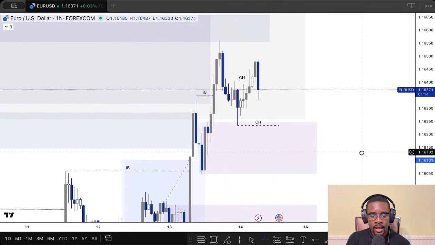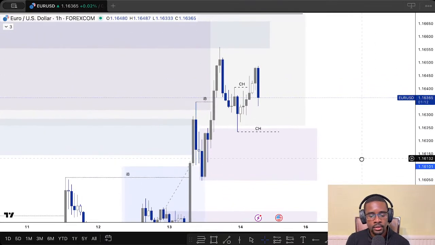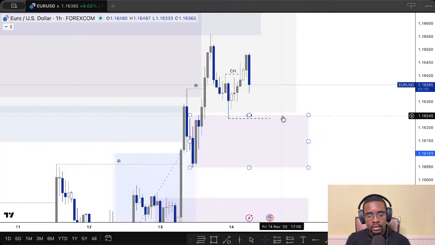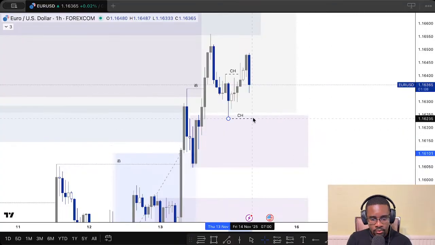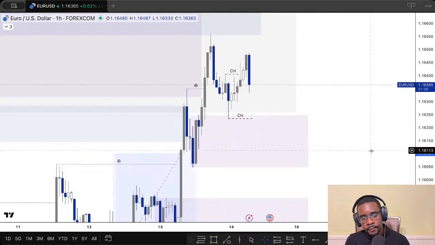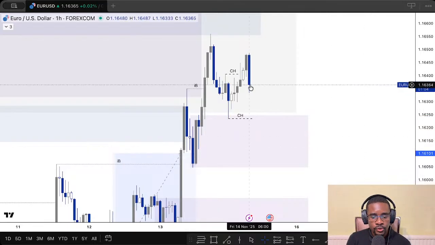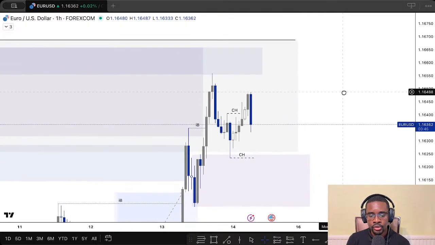So what we have at the moment is we're at a point where price could start going bearish. Okay, price could start pushing down, or price could take out this low and then still respect this 4 hour demand and then continue bullish.